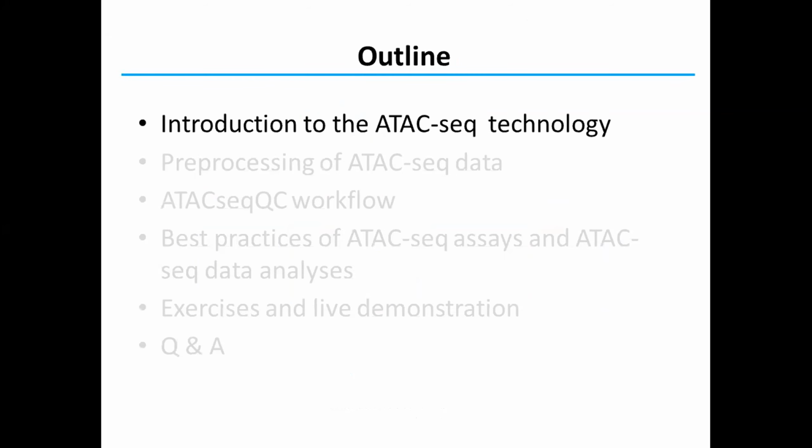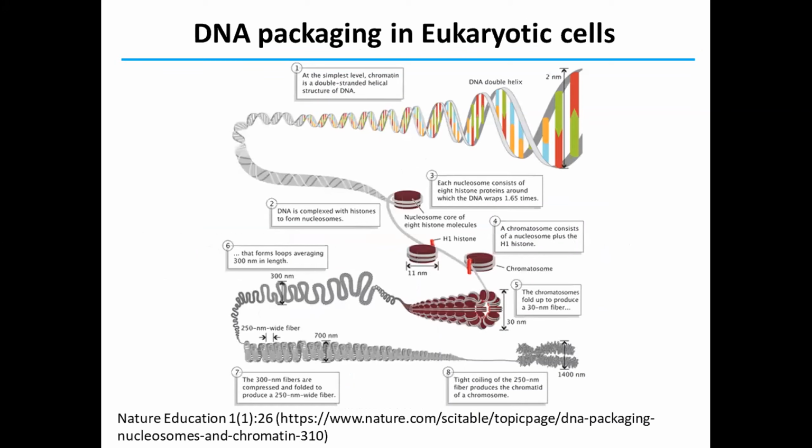Before I start the ATAC-seq data QC and analysis, I would like to give a brief introduction to the ATAC-seq technology. In eukaryotic cells, the nuclear DNA is packed into chromatin.